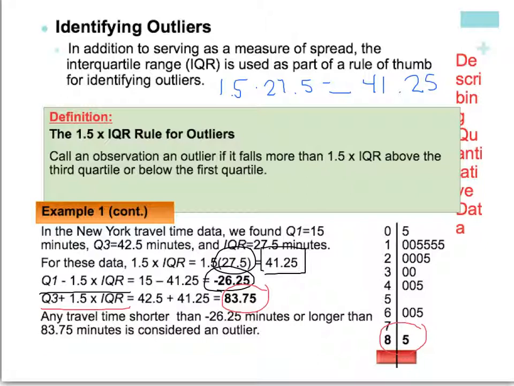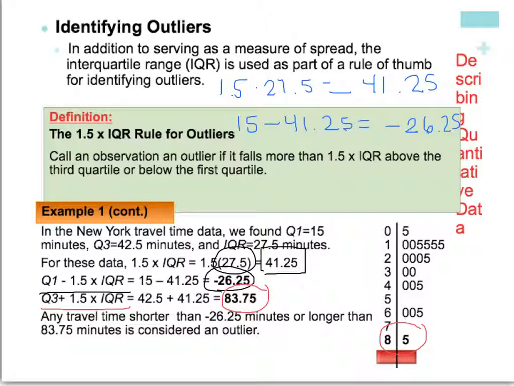No more than 41.25. So anything that's more than that is considered unusual. So then I subtract it from Q1. So I take that 15 minus that 41.25, and of course I got that negative value. That's my lower boundary. Anything that's below it is an outlier, and of course we didn't have any down there.